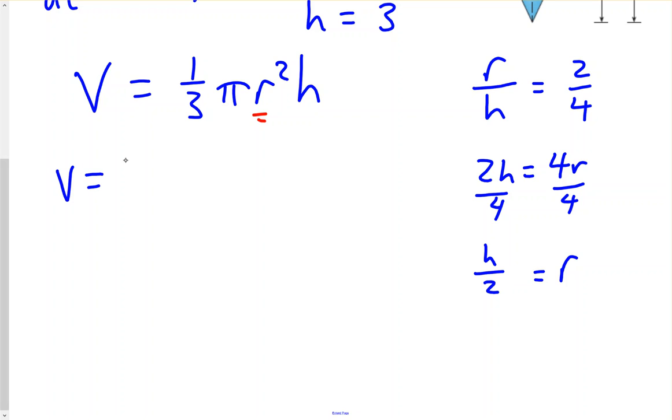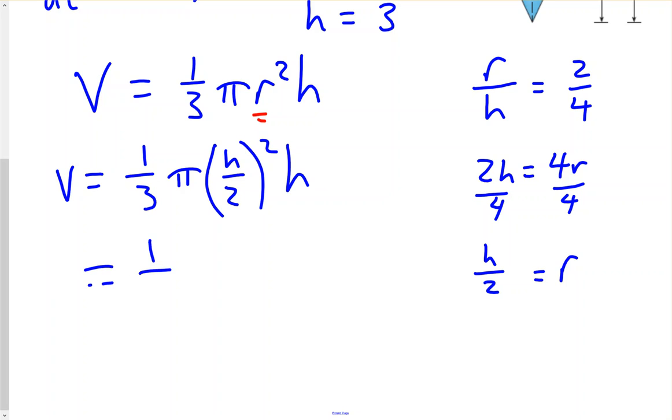So I have V equals 1/3 pi (h over 2) squared times h, which equals 1/3 pi h squared over 4 times h.